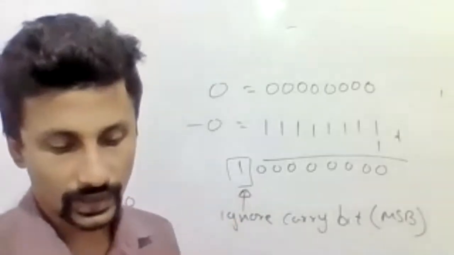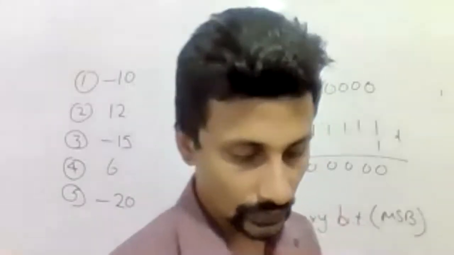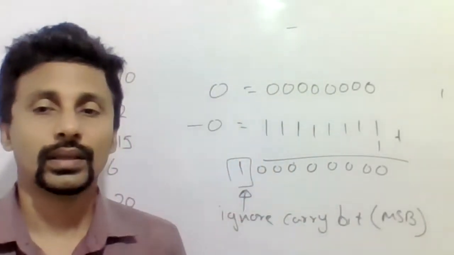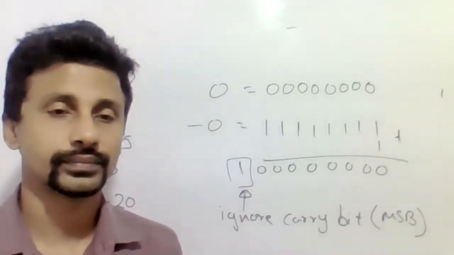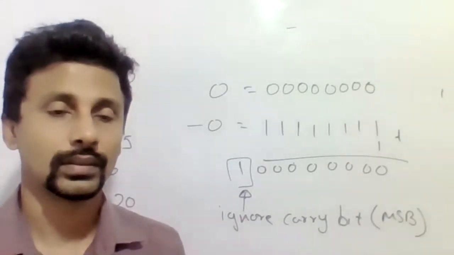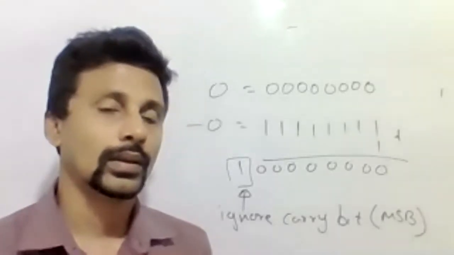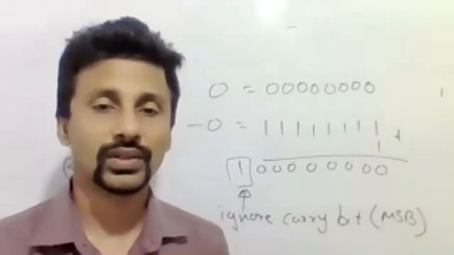Okay, write it down in a new paragraph. In two's complement, one value is there for 0.